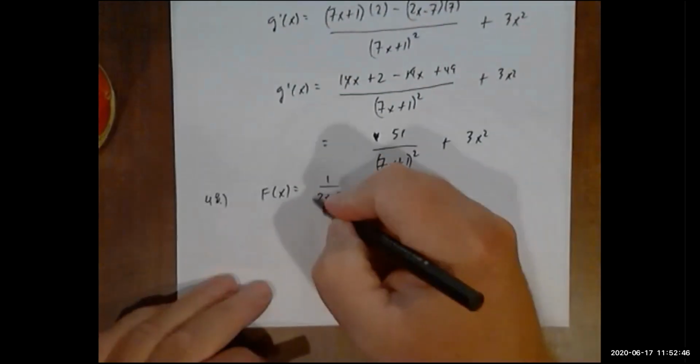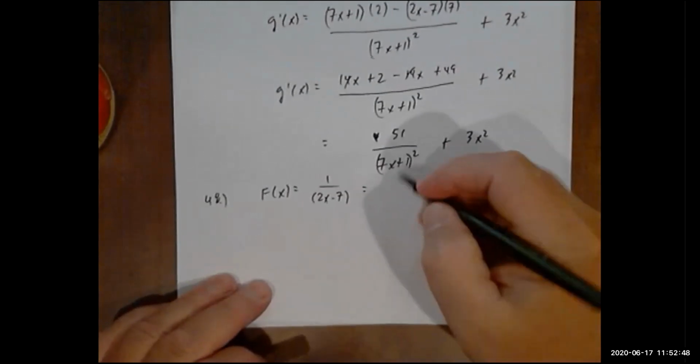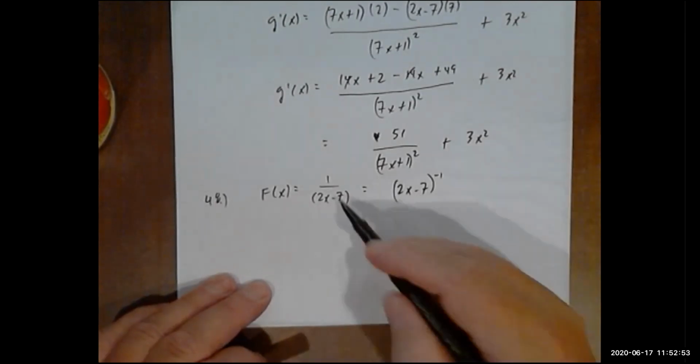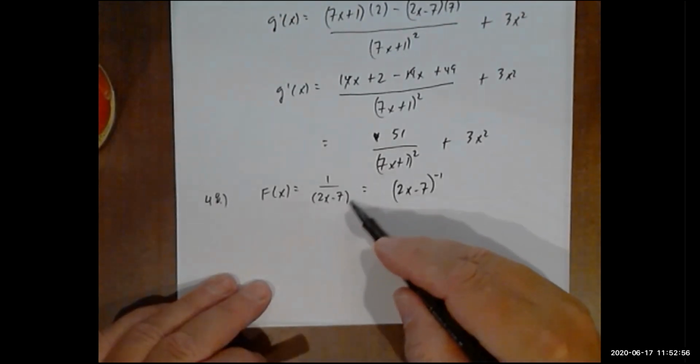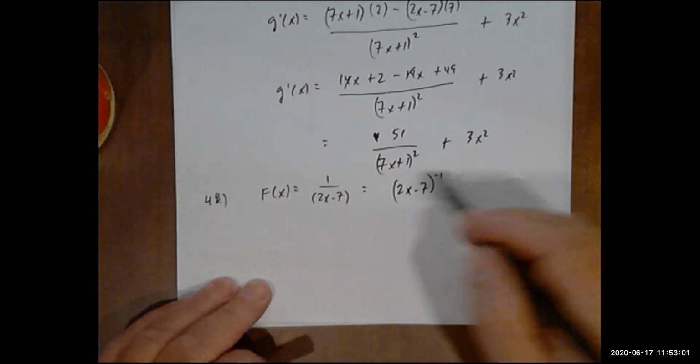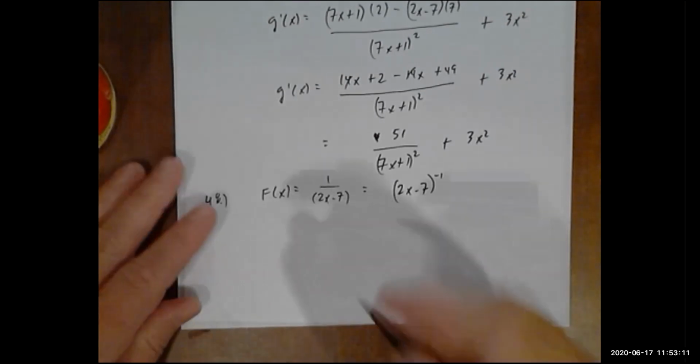Because I could use a quotient rule, and it wouldn't be that hard. But then someone might say, I rewrite this and move this parenthesis to the top by making an exponent -1. And then I could use the chain rule to take the derivative. Matter of fact, this problem is easy enough. Maybe I do it both ways just for fun.